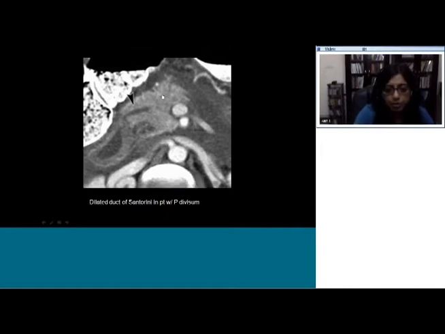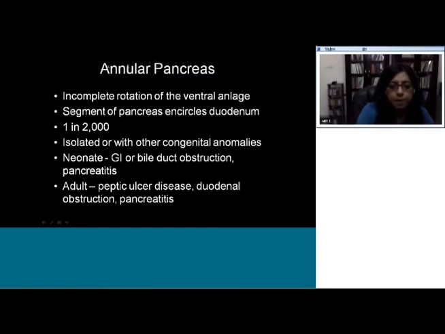Annular pancreas. This is when there is incomplete rotation of the ventral portion of the pancreas, and therefore a segment of the pancreas encircles the duodenum. This can be seen in 1 in 2,000 of the population. It can either be isolated or associated with other congenital anomalies. In neonates, these patients can present with GI or bile duct obstruction or with pancreatitis, and adults can present with peptic ulcer disease, duodenal obstruction, or pancreatitis.